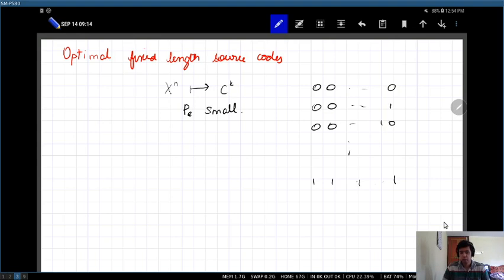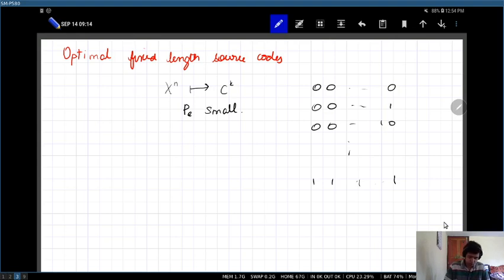And if k is fixed, then what is the smallest probability of error that is possible, and what is the best compression algorithm that is possible, right? I suggest that you pause this video and think about it for a while regarding what is the best probability of error that you can have. The optimal source code in this case can be described explicitly, but yeah, just think about it.